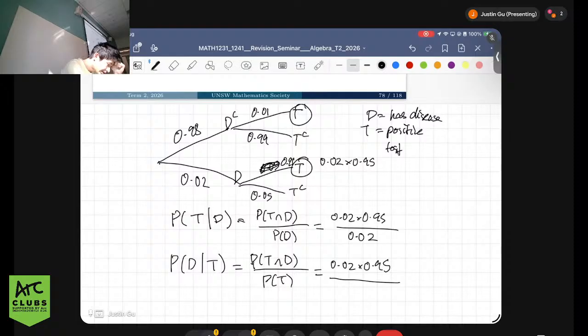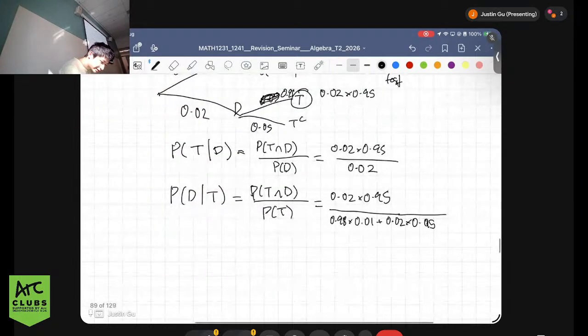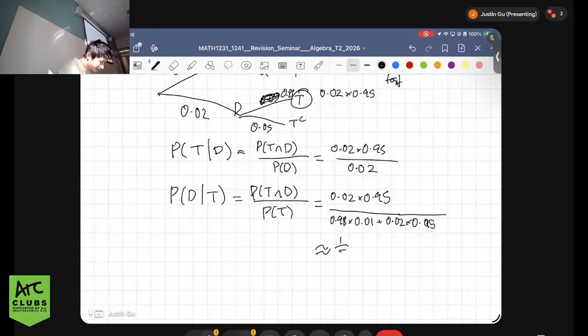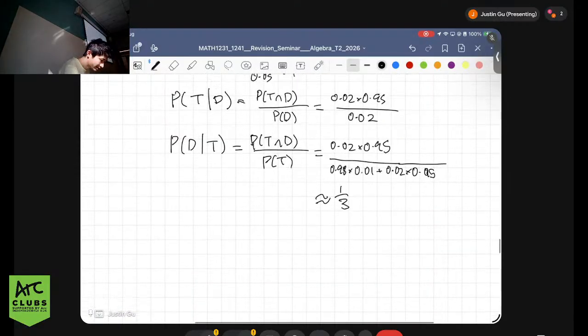Either they did not have the disease and the test was still positive, which has a chance of 0.98 times 0.01, or they do have the disease, 0.02 chance, and they tested positive, 0.95 chance. If you calculate that, I think it's about a third. Let me check the answers. It's about 0.288, but you would just use a calculator for that.